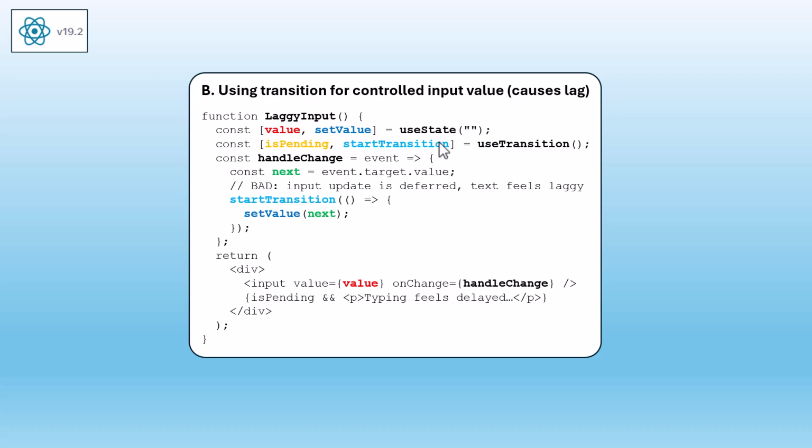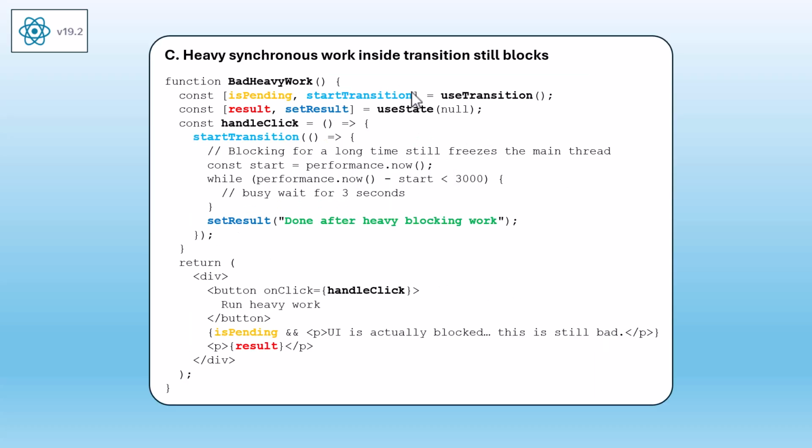Another pitfall: when you start a transition but then update state outside of the transition wrapper, those updates will be treated as urgent, so mixing urgent and deferred updates incorrectly may cause inconsistent behavior. Also, if you expect the transition to delay work, but you still have heavy synchronous operations inside the wrapper, you'll still block the UI despite the transition marking. Finally, showing the pending flag to the user without giving them meaningful feedback or without considering cancellation, restart can create confusing UX.